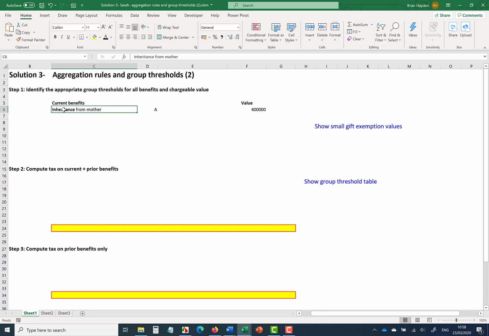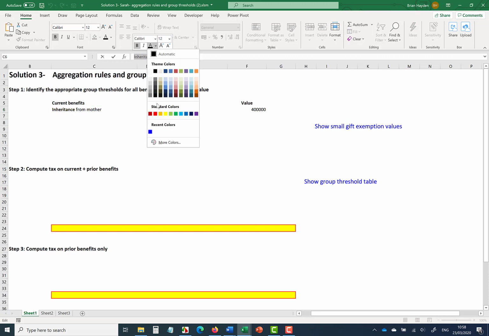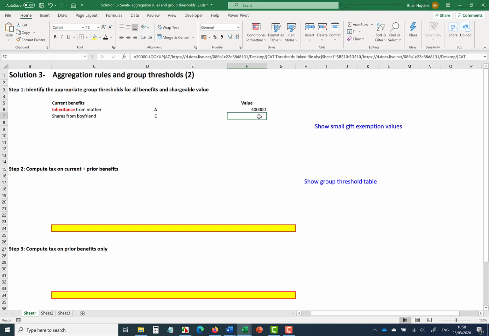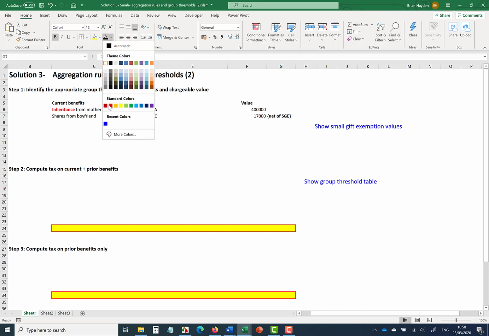Okay, I think it's important, again, I just highlight the word inheritance there. You can't deduct the small gift exemption from an inheritance. The shares from her boyfriend, okay, that's going to be a Group C. Essentially that is a stranger, and you can deduct the small gift exemption.